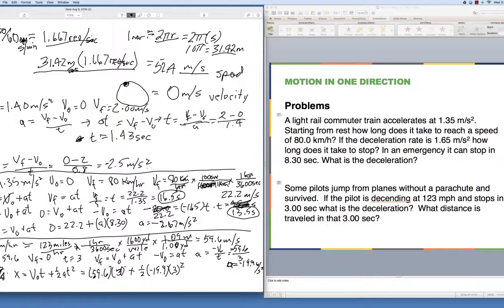So 59.6 times 3 is 178.8, and this is going to end up being a minus, so let's go ahead and put that in there. 19.9 times 9, because that's 3 squared is 9, and then divide that by 2 because it's 1/2.